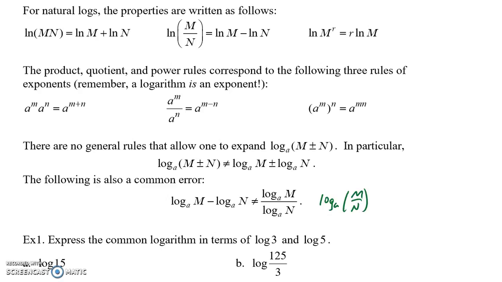So log of m minus log of n is actually going to give us the expression that I just wrote there to the right, and not a quotient of two logarithms. So again, you want to write that as a single logarithm, not as two logarithms.